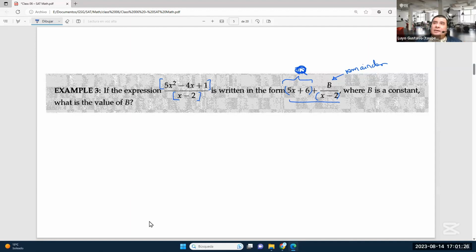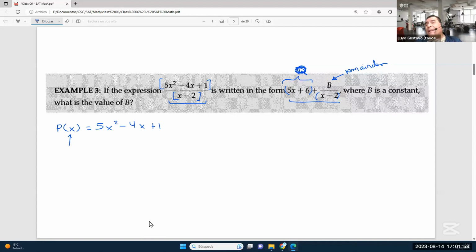That if in a division of a polynomial by a binomial of this form you get a remainder, which is a constant value, then that remainder is exactly the result of evaluating the polynomial p of x, which is this expression, the dividend, evaluating here with a value of x that makes the divisor 0.